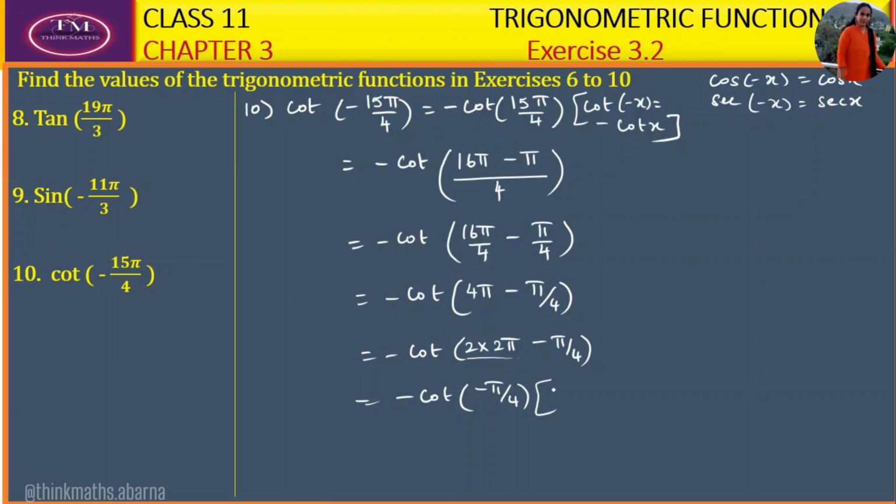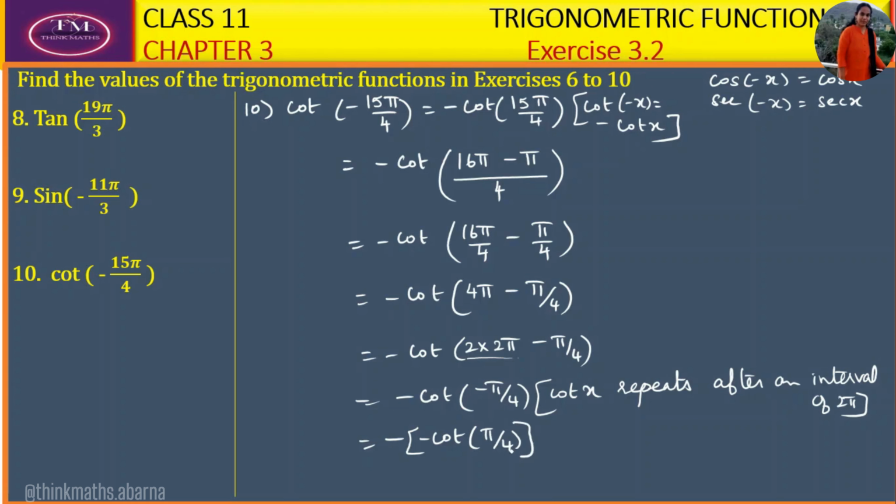The reason is cot x repeats after an interval of 2 pi. So minus, again cot of minus x is minus cot x. So it is minus cot pi by 4. The reason is cot of minus x is minus cot x.